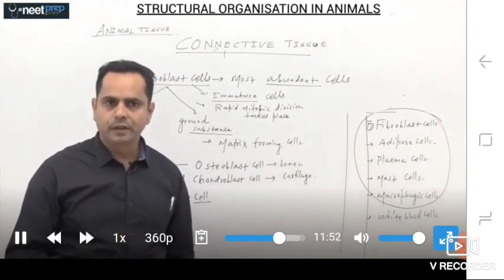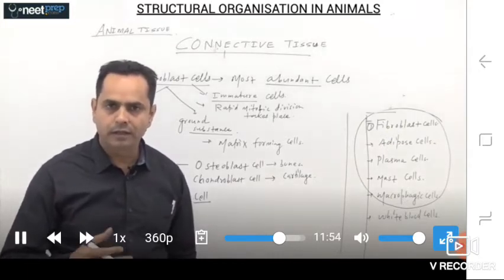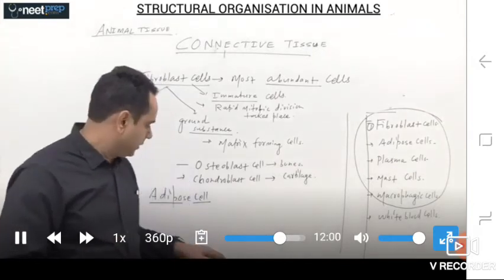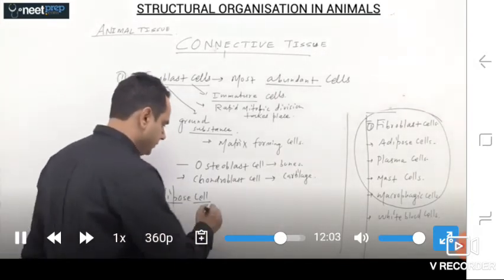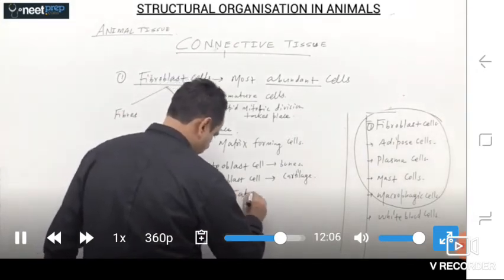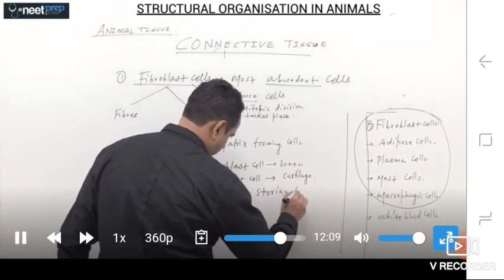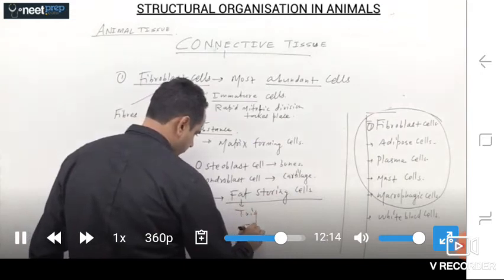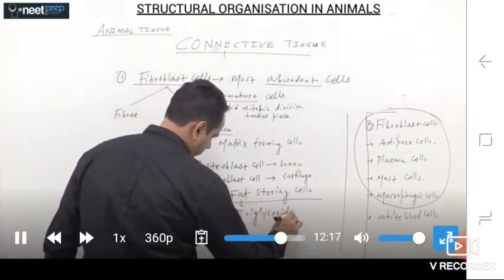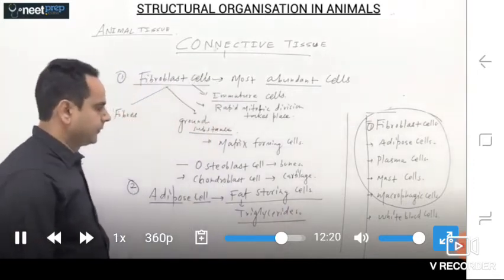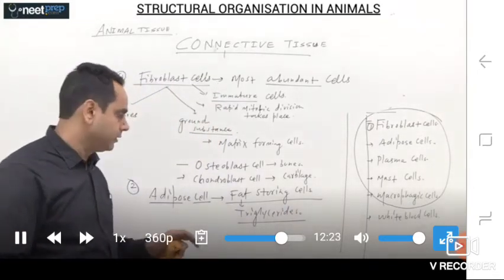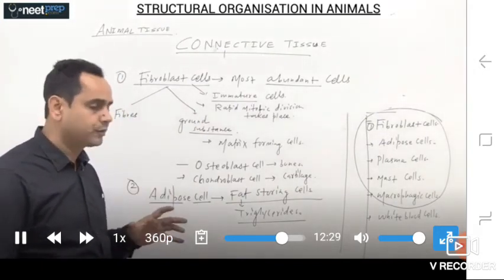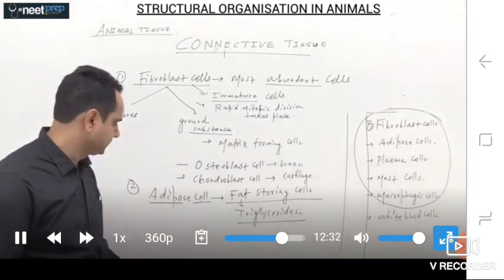Human beings store food like glycogen and fat, and most of the body fat is stored in the adipose cells only. So adipose cells are the fat storing cells, and this fat is also called triglycerides. Reserve source of energy, and this kind of fat insulates our body also, and it provides protection also.